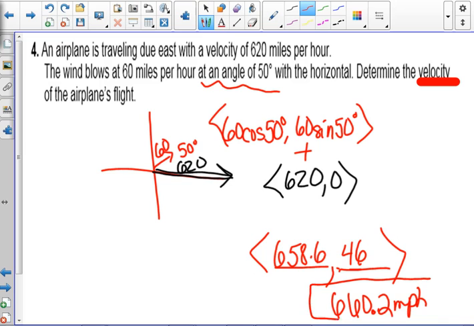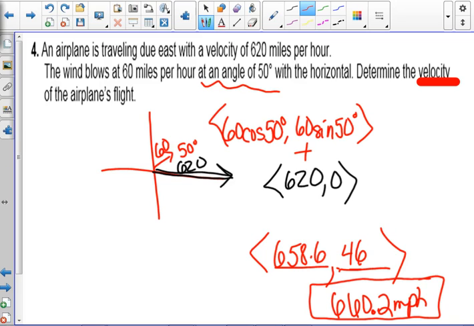So now 620 plus 60 would be 680. It's not pushing it straight behind it, right? But it's pushing it some. What's the best part of the whole question? It doesn't ask direction, right? The one on the quiz doesn't either. There is one that does ask direction. That's a bonus question.